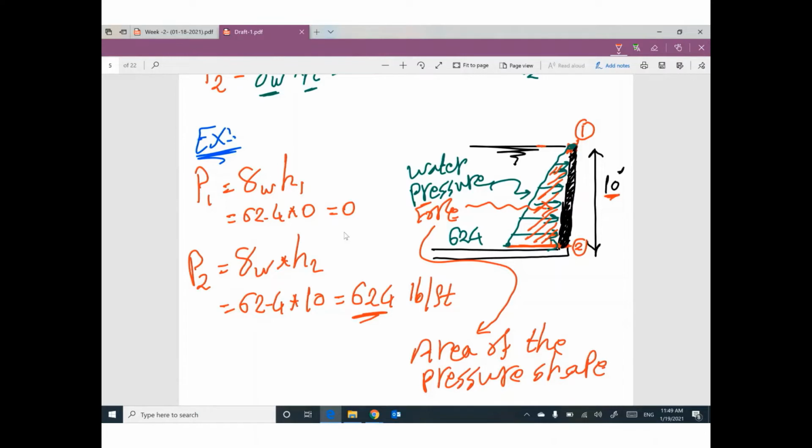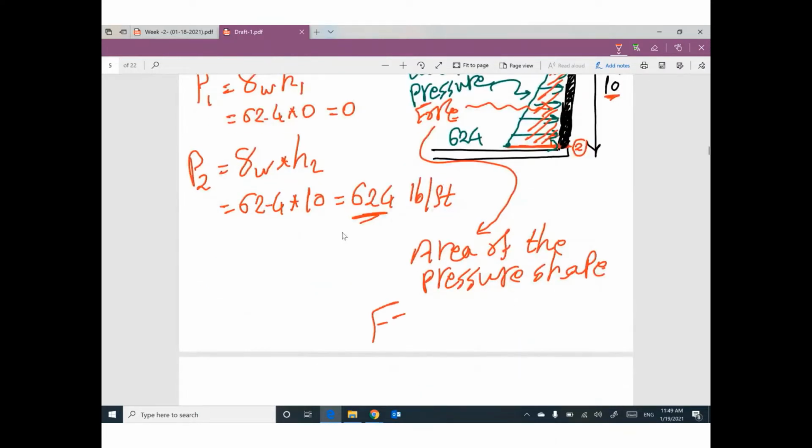This force will be 1/2 times 624 times 10. Guys, do you remember what the area of a triangle was? This value is 624, this height is 10. So the equivalent force is the area of this triangle.